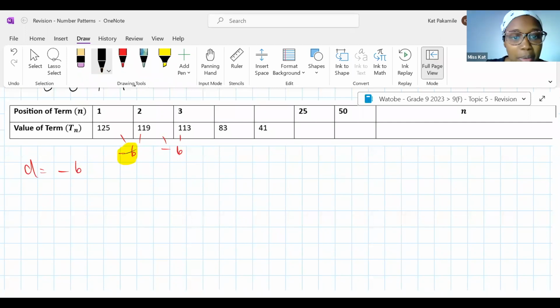Let me ask you to write in the chat the general formula that we're going to need. The one that we're going to substitute into to find the formula for this number pattern. Let's see if you guys remember it. Thank you, Mpo, Amashe.